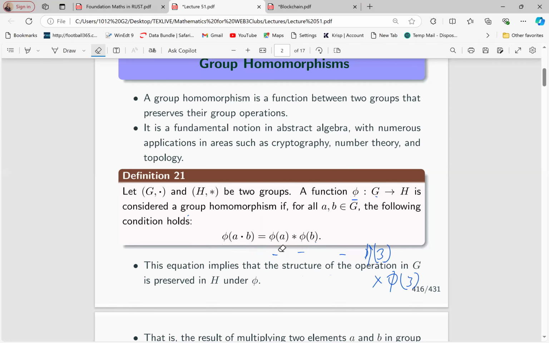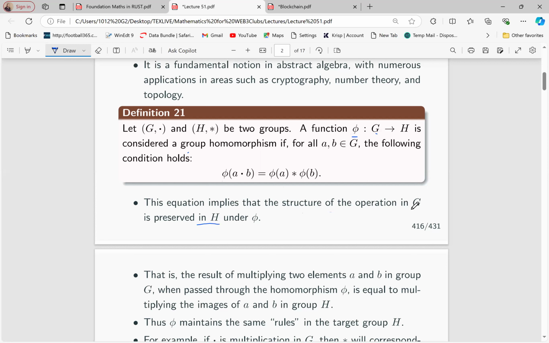Now, what does this equation imply? I've said that this equation implies that the structure of the operation in G is preserved in H. So that means that if the operation in G is addition, then the operation in H will also be addition. And if the operation in G is multiplication, then the operation in H will also be multiplication.